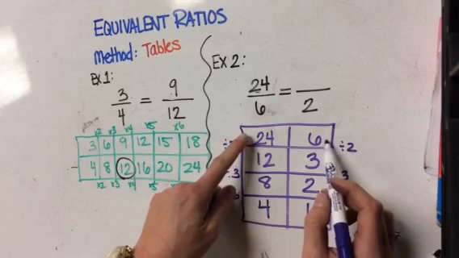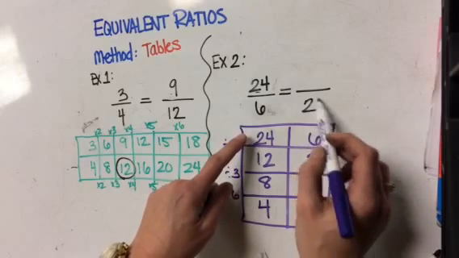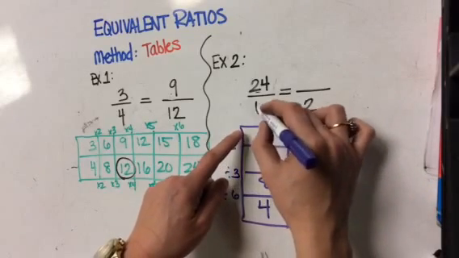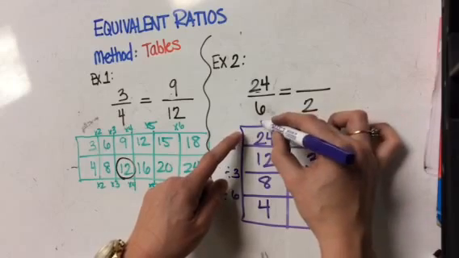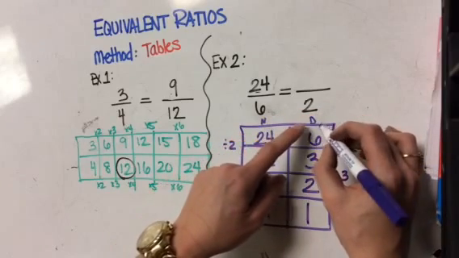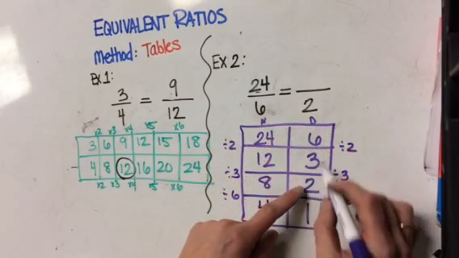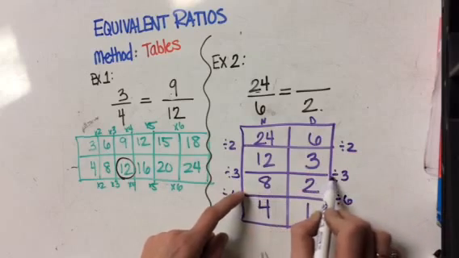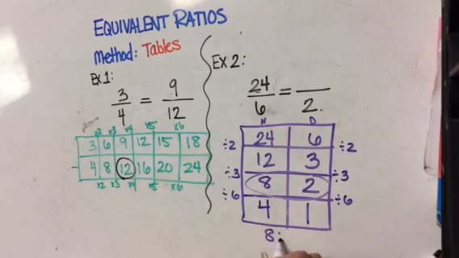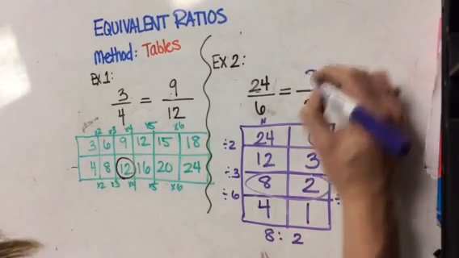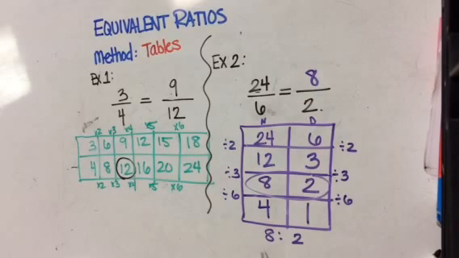Again, 2's in the denominator, so I need to look. I made my denominator column here, my numerator and my denominator. So my denominator column's here. When I look down, I spot the 2 with 8. So the ratio I'm looking for is 8 to 2, making that my equivalent ratio.